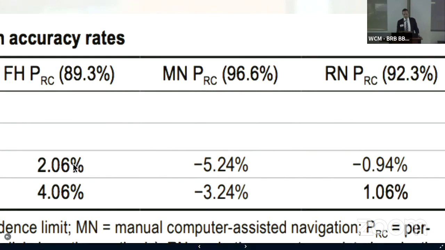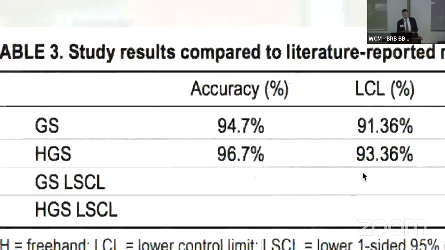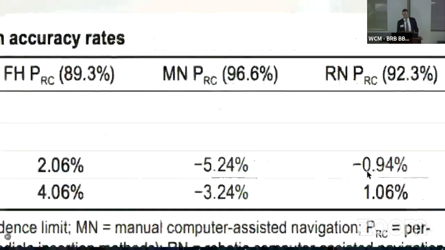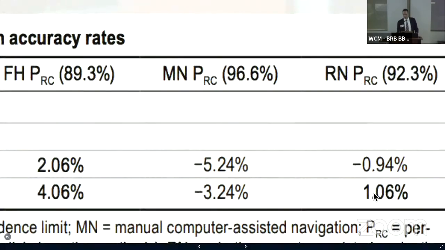So let's start here with regular navigation. For regular navigation, using both grading scales, we're non-inferior. For the robotics placement, using the Gertzbein-Robbins, we're non-inferior, but for the Heary, we're superior. And then compared to freehand, it's superior in both grading scales.